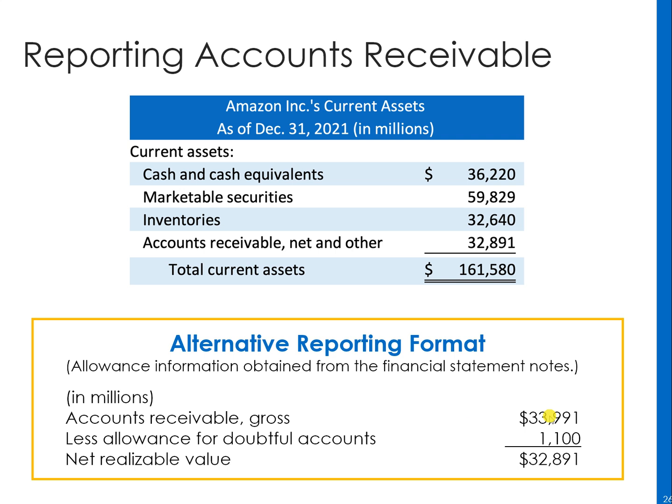In the footnote, it discloses more information. How do we get the 32 billion? That's almost 34 billion gross accounts receivable, less the reserve for bad debt, or allowance for doubtful accounts. It's almost $1 billion.